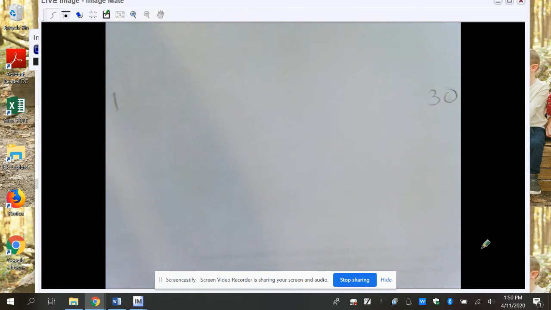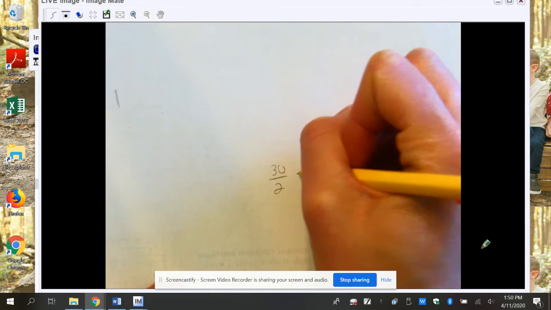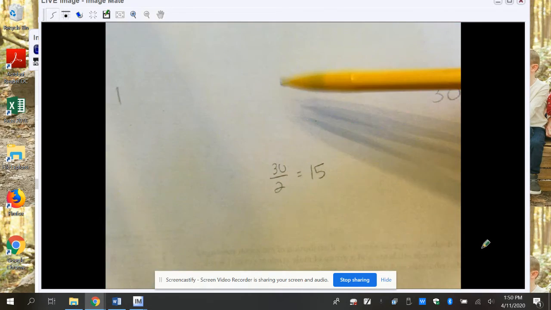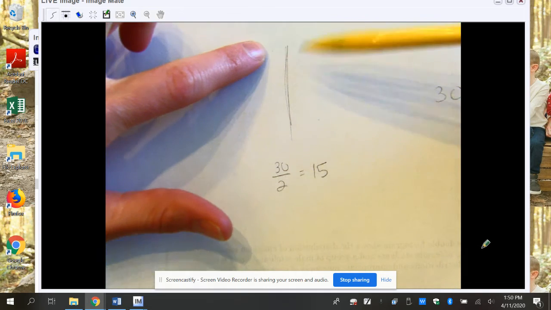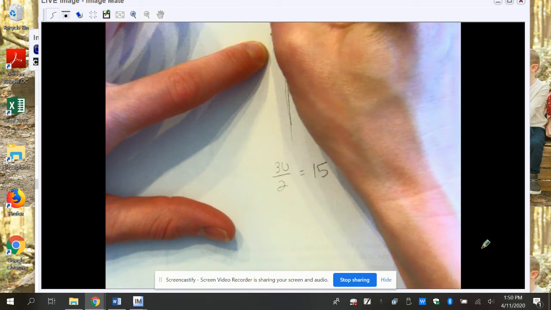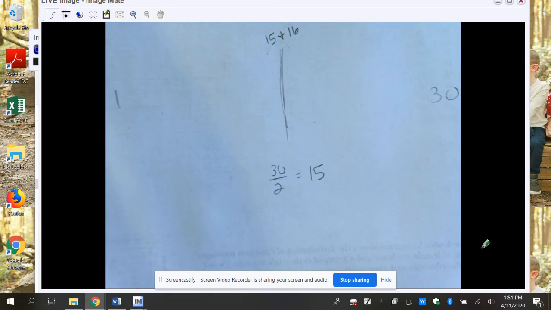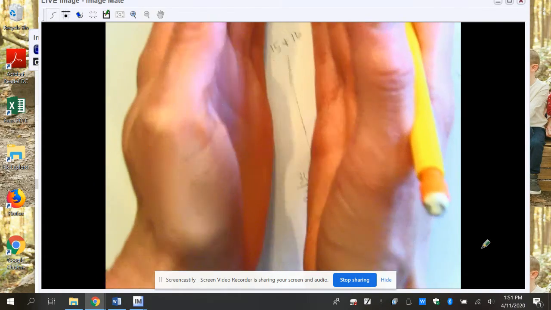Well, I know that if I divide 30 in half, I get 15. So that means wherever my median is, my median value is going to be the average of the 15th and 16th term, whatever that may be. Right, because since I have an even amount of data, I'm going to have the 15th and the 16th that would be in the middle.